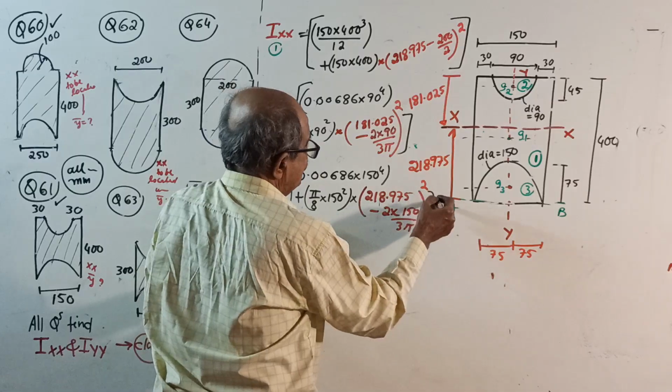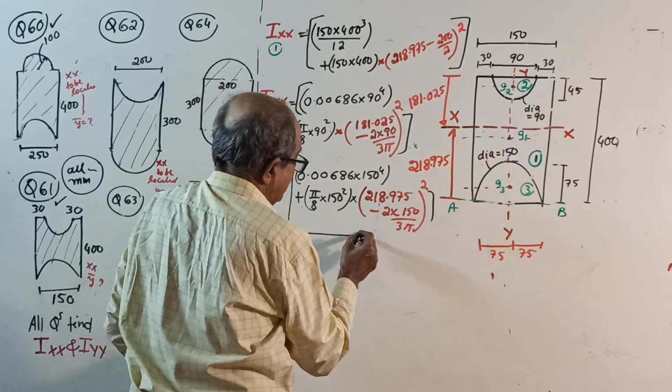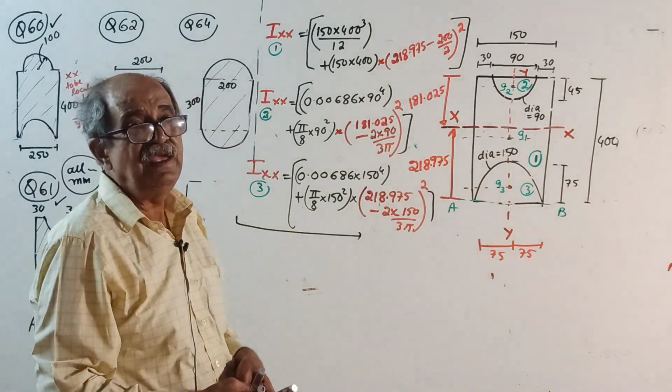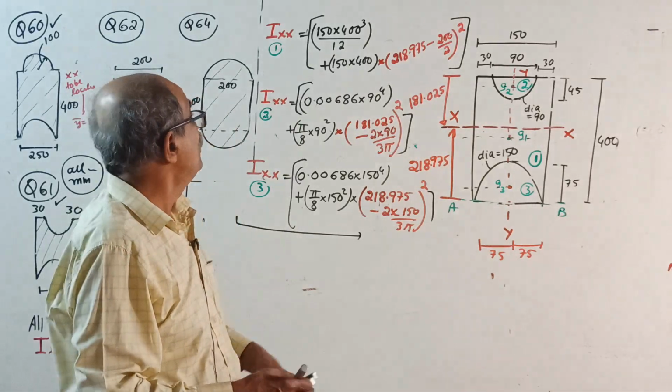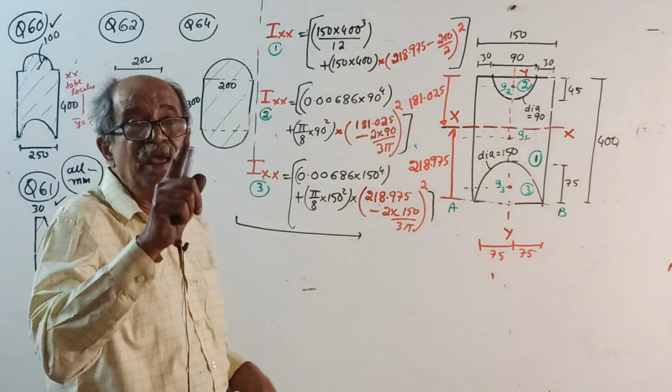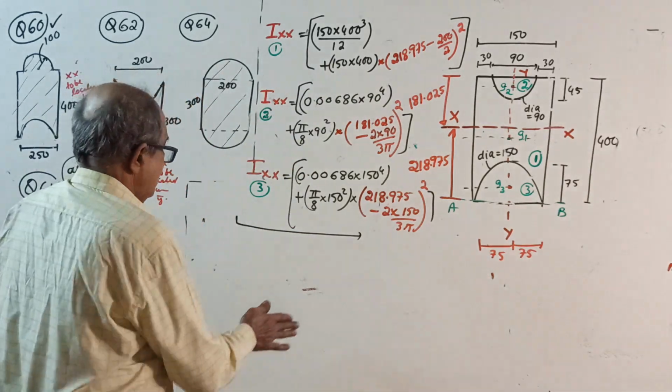Now complete the formality. Therefore, Ixx for the entire given area equals Ixx for 1 minus Ixx for 2 minus Ixx for 3.